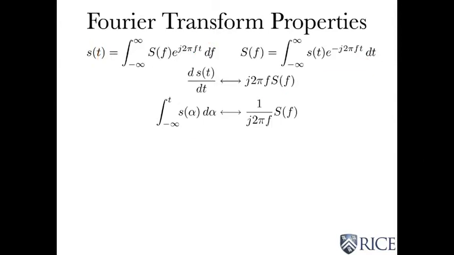And here's one that's a bit more exciting. The spectrum of the derivative of a signal is j 2 pi f times the spectrum of the original signal S. Okay, now how do you derive that? The answer is, I'm simply going to take the derivative of this formula.